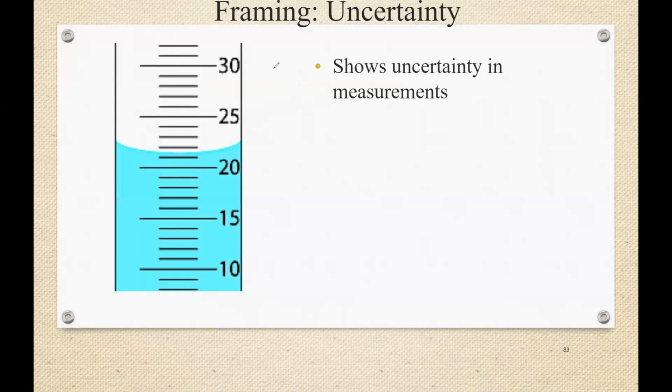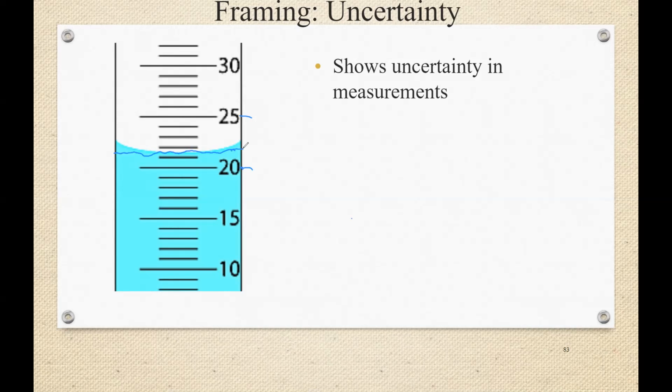So if we were to read this cylinder, we would read it going up. So we've got a number between 20 and 25. As we said in the class before, we always read the bottom of this dip. Pretend that I can draw straight lines, because I can't.